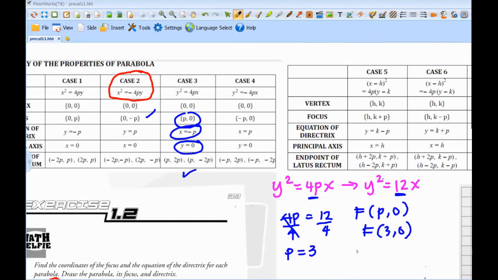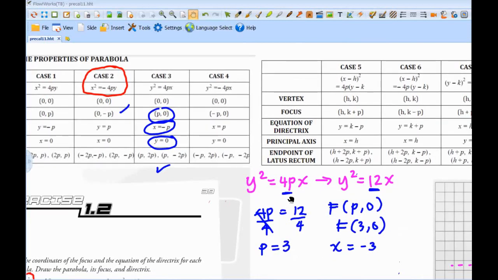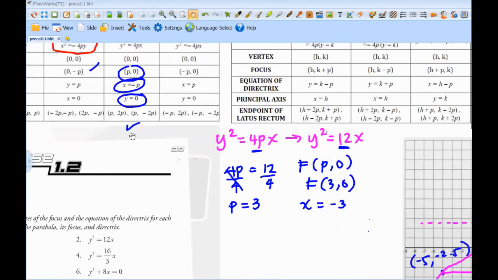Our directrix is x is equal to -3, the opposite of that p. And what about the endpoints of the lattice rectum? Lattice rectum will be p, 2p, and p, -2p. So the p is 3, 2p is 6: 3, 6 and 3, -6.